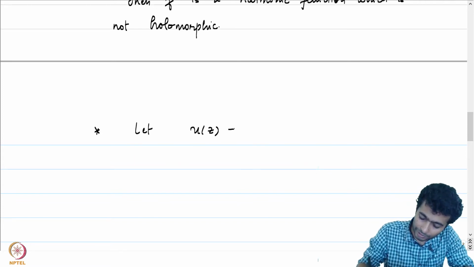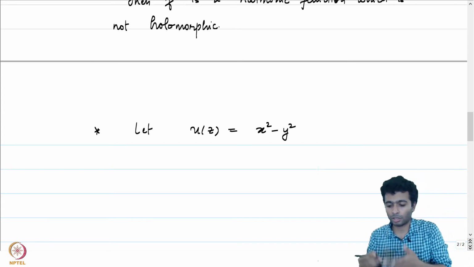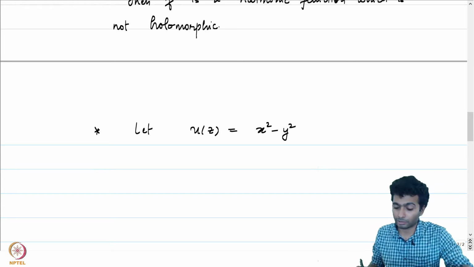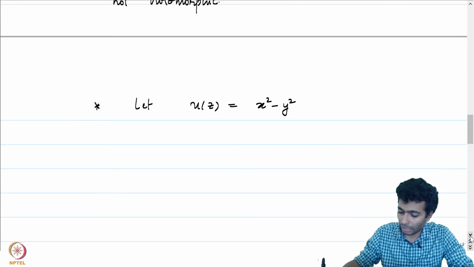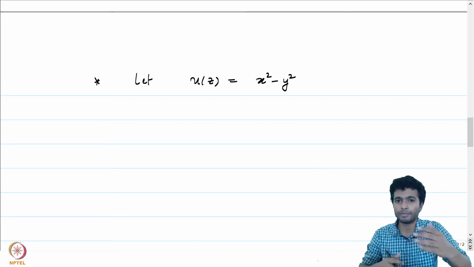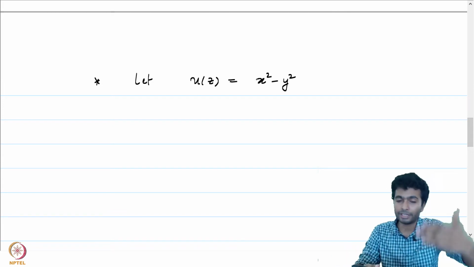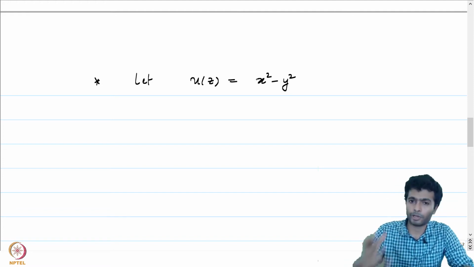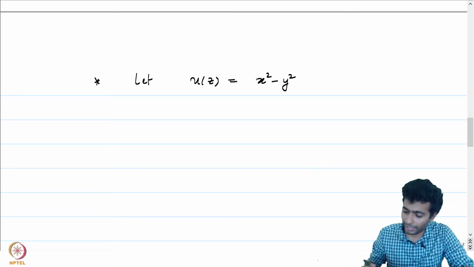Let u of z be equal to x square minus y square. If you notice, this is the real part of the function f of z is equal to z square, and the convexity along the x direction is being cancelled out by the concavity along the y direction. So this is one way of keeping the harmonic functions in your head.